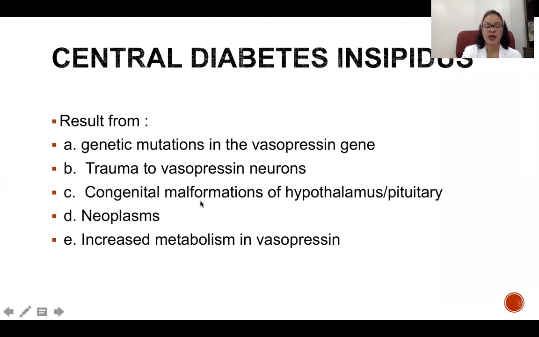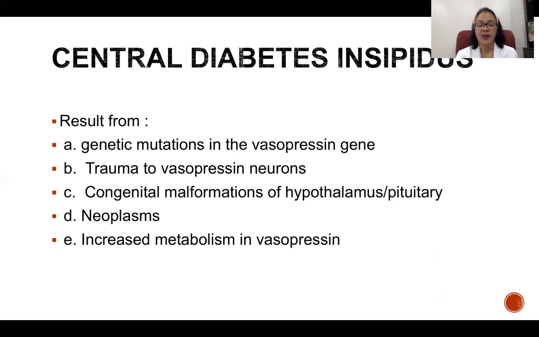Okay, and it could be trauma in that area, or presence of congenital malformations in the hypothalamus and pituitary, presence of neoplasms, increased metabolism. So it is related to the vasopressin, due to lack, no, of the hormone vasopressin, or your antidiuretic hormone. So this can be due to injury to the hypothalamus, or even the pituitary gland.